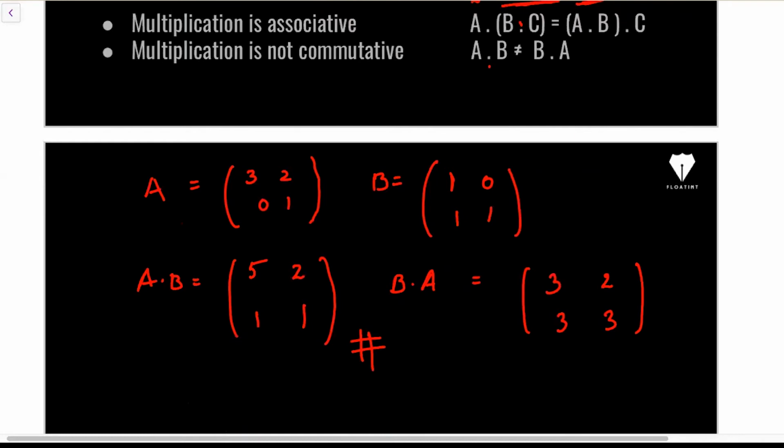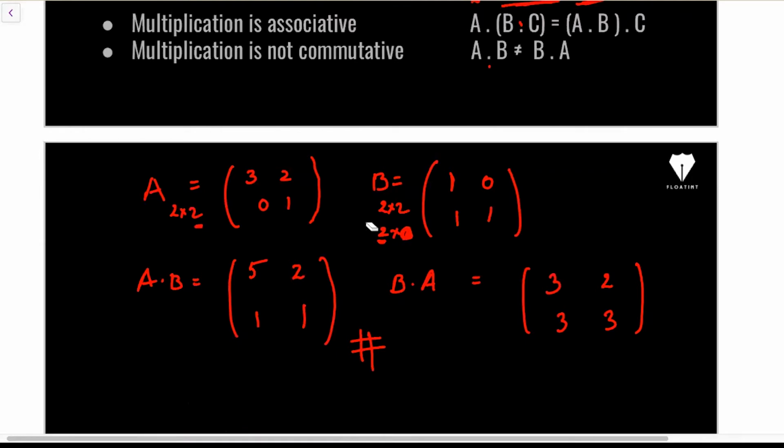In this case, let's take A that is 2 cross 2, and the next one, B, that is also 2 cross 2. It is not necessary that both should be equal. If it is 2 cross 3, that will also work as long as these two values are the same. It doesn't matter what you have here.